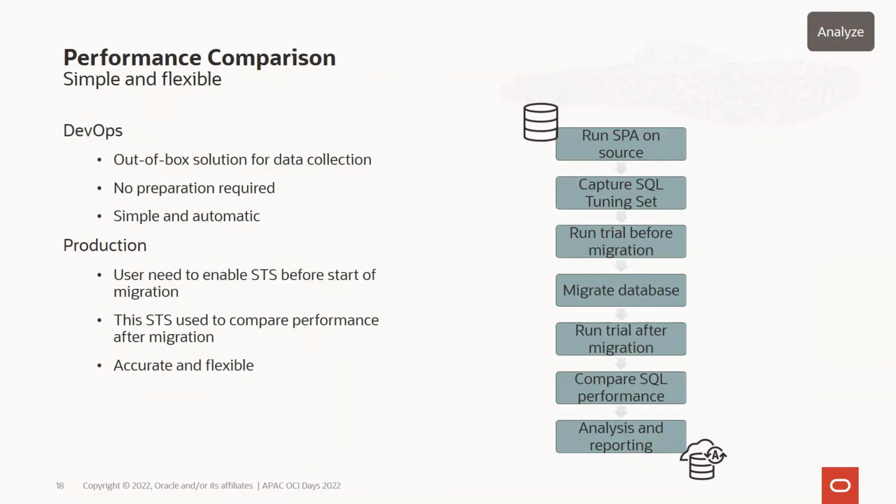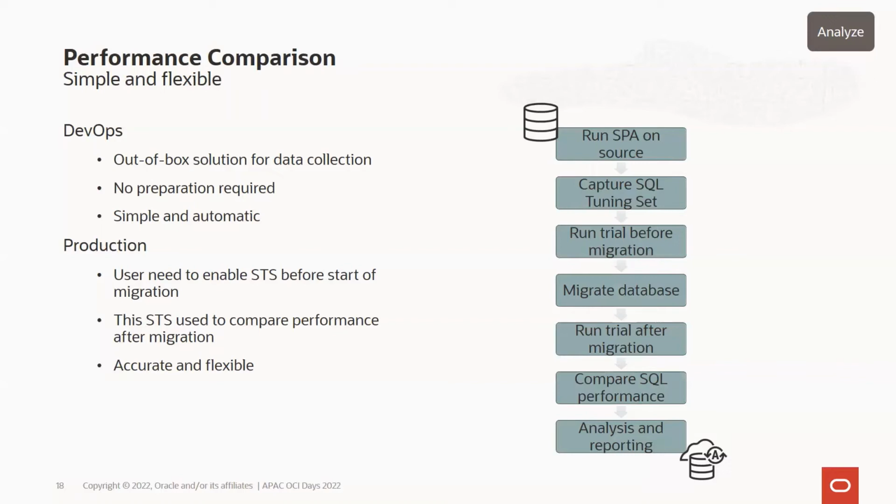This method is simple and can be used for dev and test environments for performance comparison. Option 2 is production performance comparison, where DBAs enable SQL Performance Analyzer to collect SQL statements from the database cache on an ongoing basis. This allows SQL Performance Analyzer to record each statement and related performance parameters. This method is accurate for production-based systems where there is a heavy workload involved.